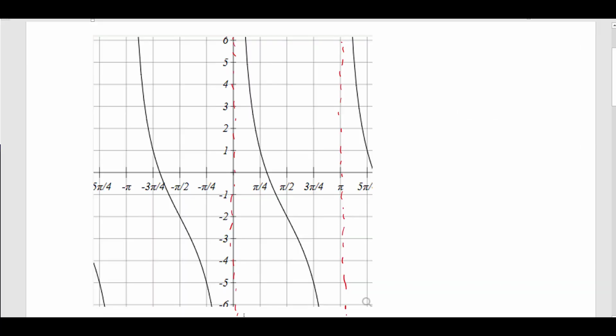So right off, we're working with a cotangent. So y equals cotangent x is the base function, and there's no horizontal shift.